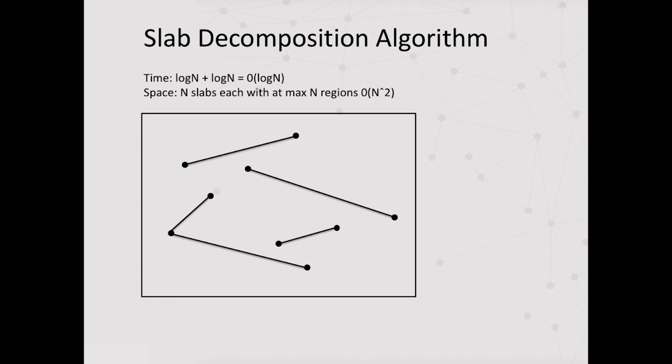So coming back to the point location problem: given n line segments like in this example, and given a point P, by given I mean the coordinates of the point P are given, we need to locate the point by telling which region it belongs to. The slab decomposition algorithm is the simplest way of doing this.